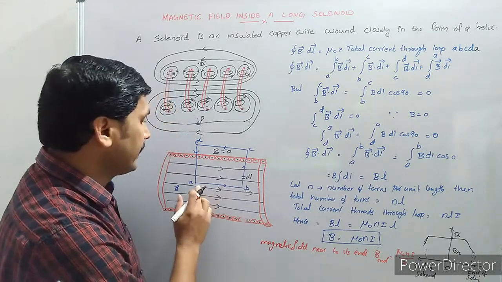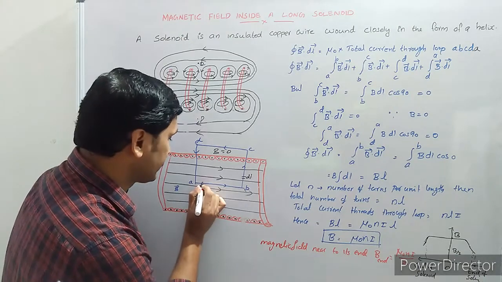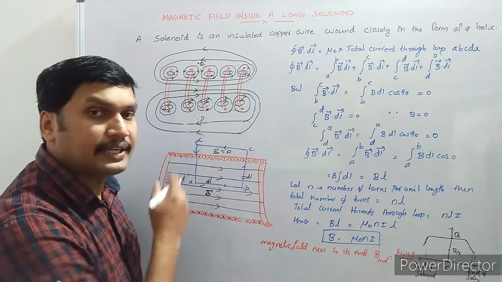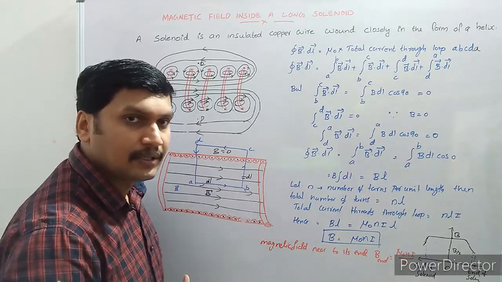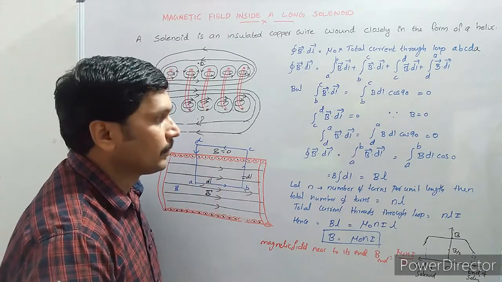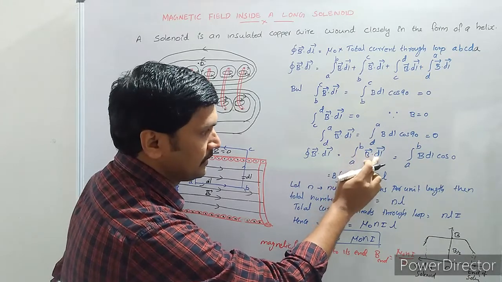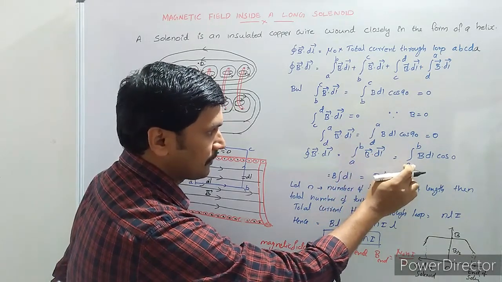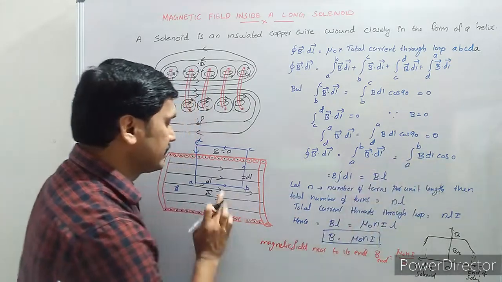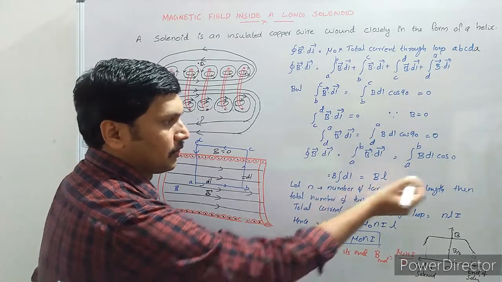So from A to B, what is the angle between dl and B? Here this is the direction of dl and this is the direction of B. B and dl are parallel to each other, so the angle between B and dl from A to B is equal to 0. So from A to B, B dot dl is equal to the line integral from A to B of B dl cos 0. Cos 0 is 1.